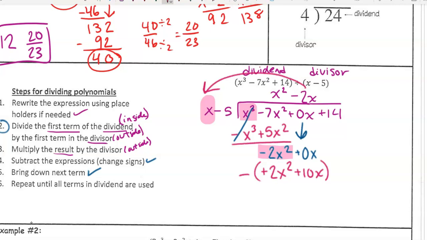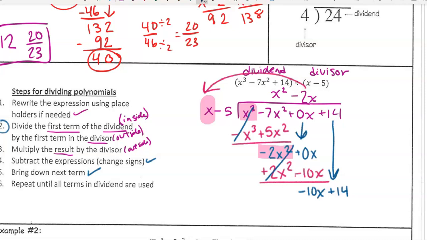The 2x squared is now positive and the 10x is now negative. Subtract it out. These two cancel. 0 minus 10 is negative 10x. Next, we'll bring down the next term, plus 14.